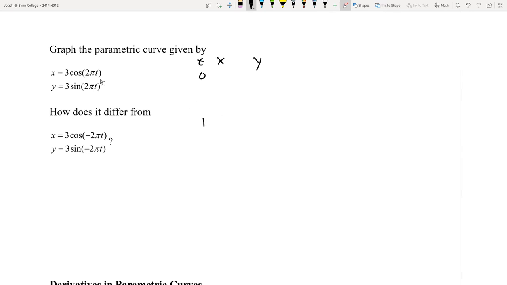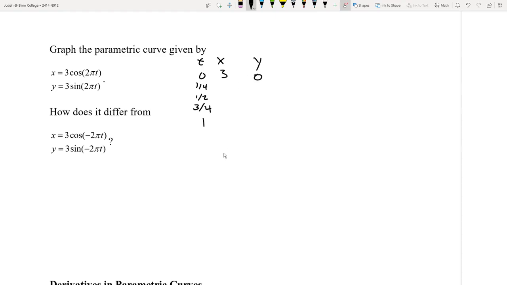Right, I think about graphing cosine maybe. I would like to get maybe pi halves. So in that case, if I plug in t equals 1/4, if I plug in 1/2, I get the pi angle in there, and then 3/4 will give me 3 pi halves. Right, so if I plug in first off 0, cosine of 0 is 1 times 3 is 3.